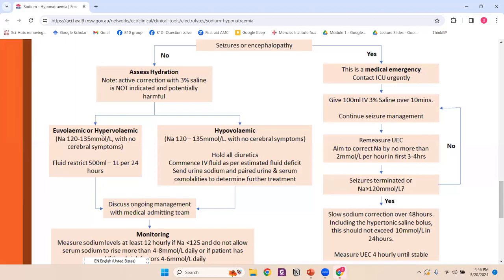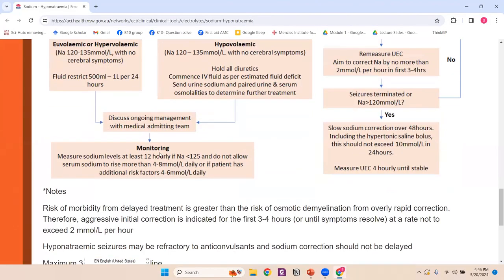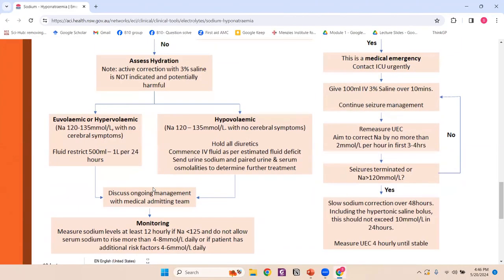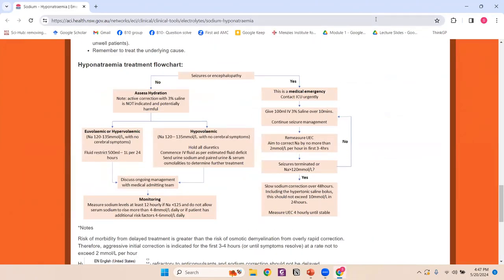If it is euvolemic or hypovolemic, the management would be fluid restriction. If it is hypovolemic, then you are giving IV fluids, in that case normal saline. One answer in our question was normal saline, which you give if it is not symptomatic and hypovolemic. Then you monitor, again with a serum correction level. This is a summary of hyponatremia management.